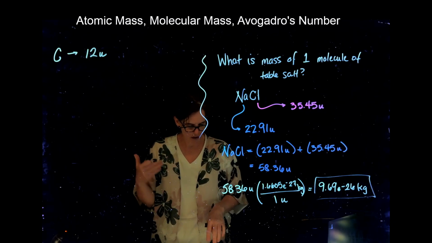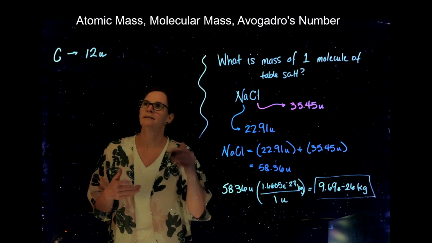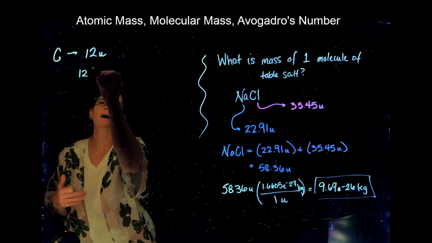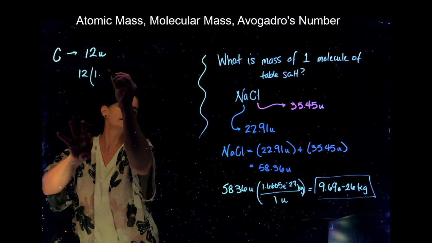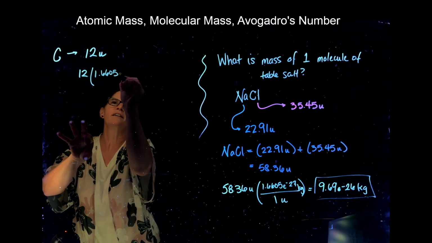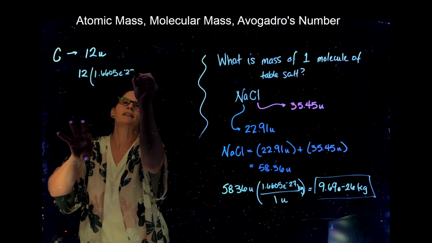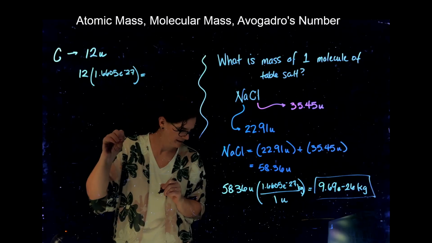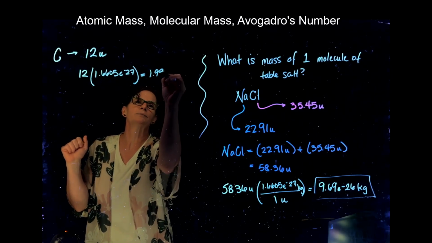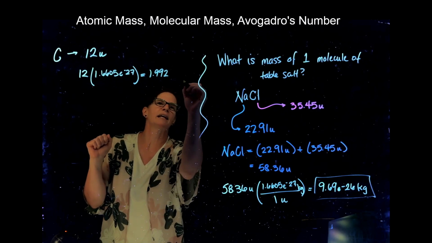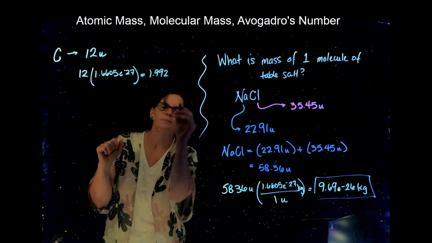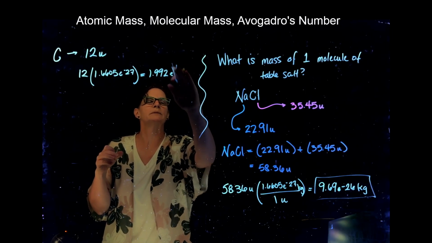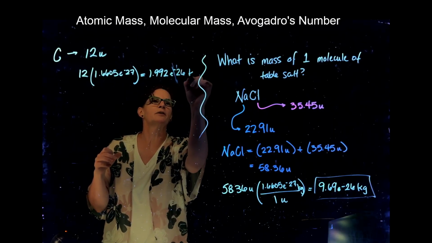If I take a single atom of carbon, 12 times 1.6605 times 10 to the minus 27th, I get that a single atom of carbon is 1.992 times 10 to the minus 26 kilograms.